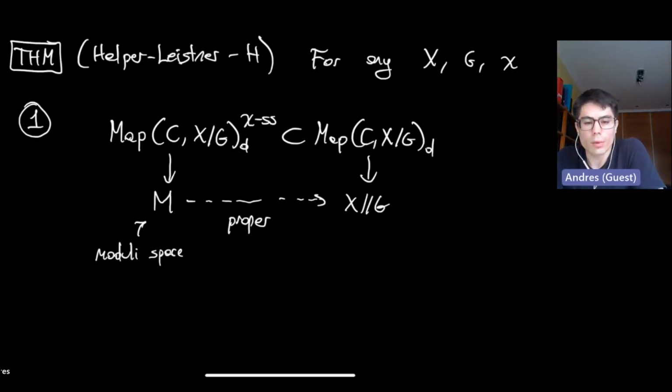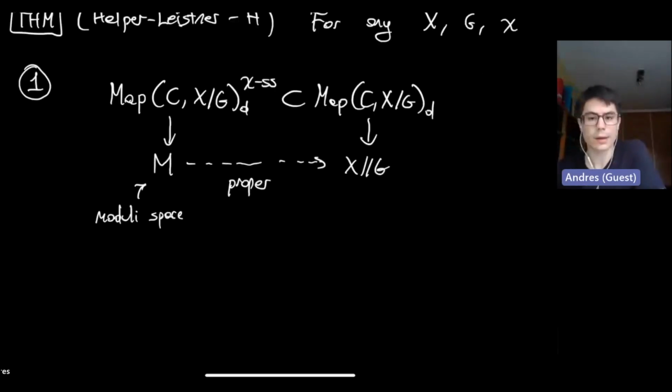So this is what you can call the generalized Hitchin fibration. So for any of these moduli related to G bundles with decoration, you can build a semi-stable locus, and you obtain a moduli space that is proper over the affine quotient. And I should say that this is not the main emphasis of this talk.